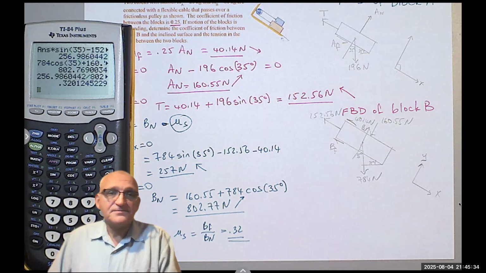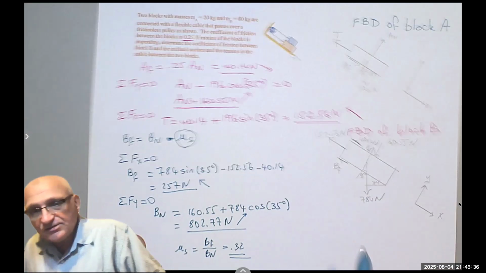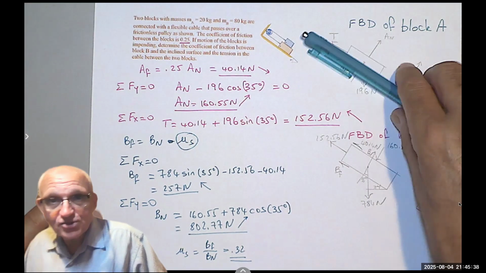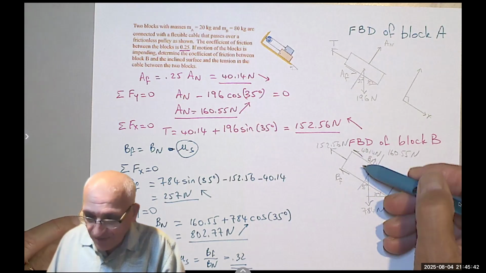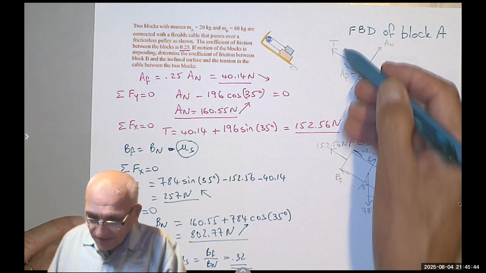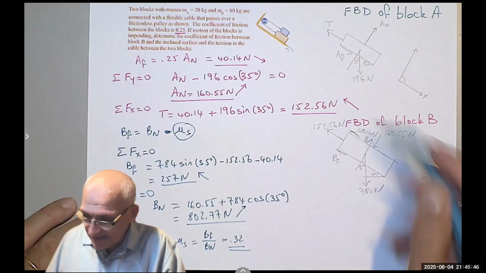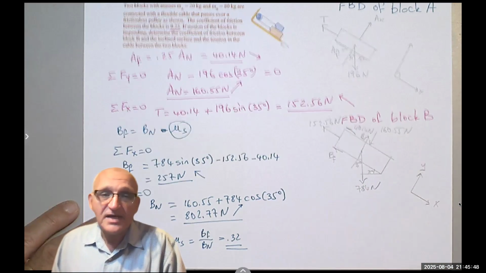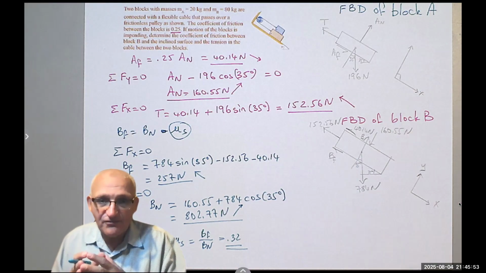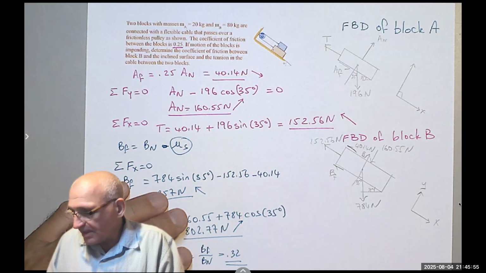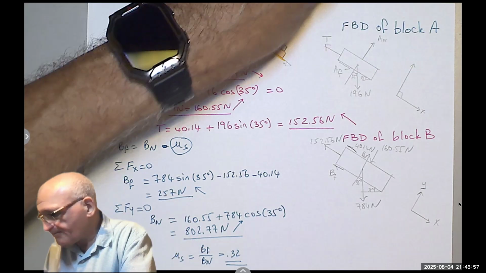And that's the answer. So we had to start analyzing the top block, inverting A sub N and A sub F on the bottom block, calculating the tension, and then finding the B sub F on the bottom and B sub N, so that we can find the coefficient of static friction.